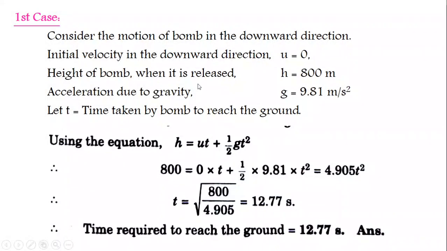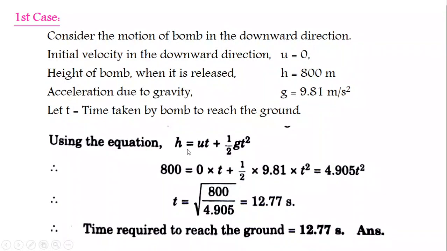The height when it is released is 800 meter, and acceleration due to gravity is g equal to 9.81 meter per second square. We have to calculate the time required for the bomb to reach the ground. Let t equal the time taken by the bomb to reach the ground.